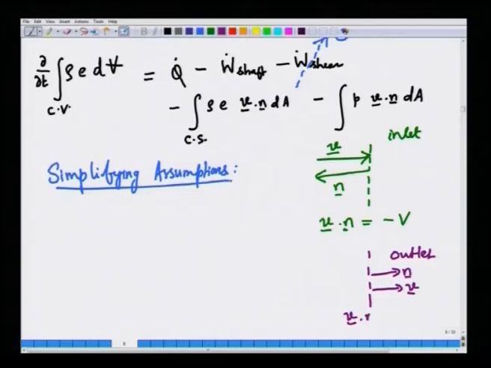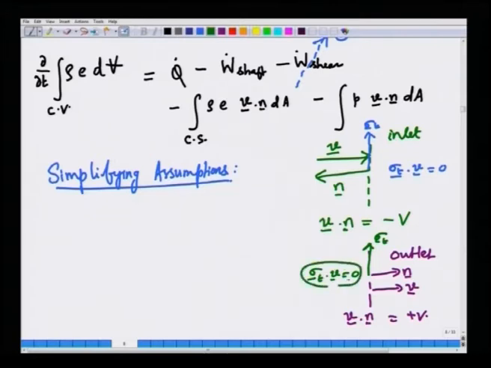So, V dot n is plus V. Okay. But whenever you choose your control surface like this, the shear stresses act on the control surface at the flow surface in this direction. So, sigma T dot V is 0. Okay. Same for the outlet, the shear stress acts perpendicular to the direction of the velocity. So, the rate at which shear work is done at the control surface is 0 if you choose the control surface exactly perpendicular to the velocity.